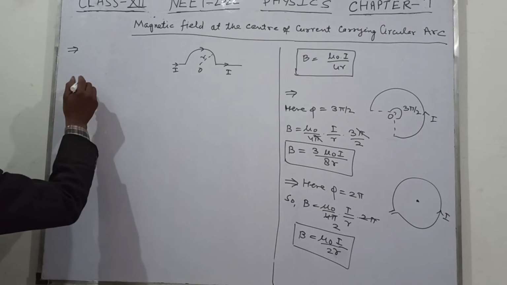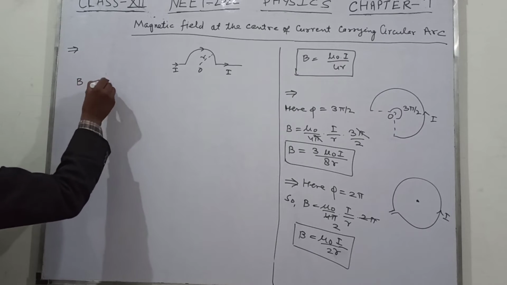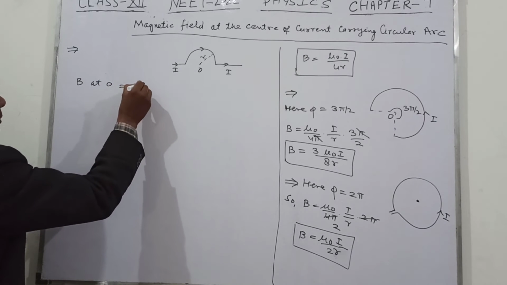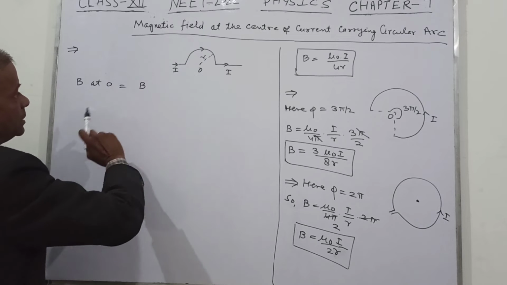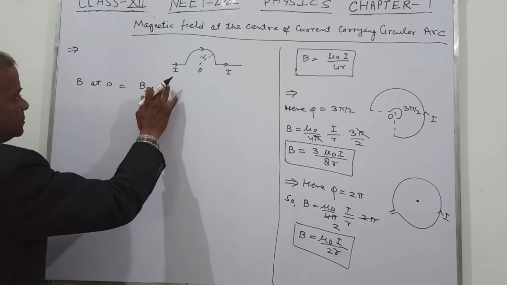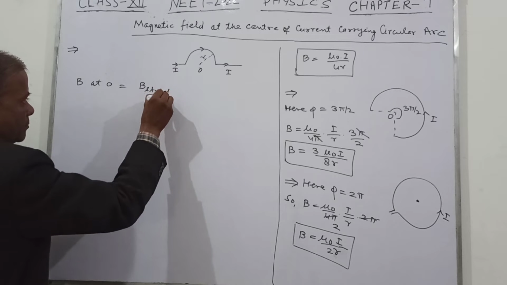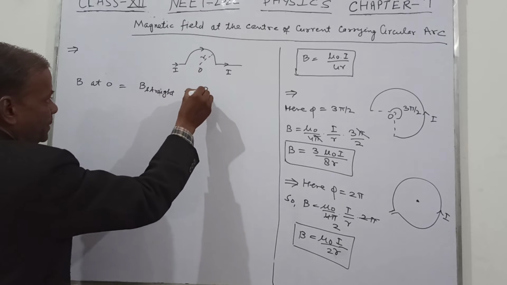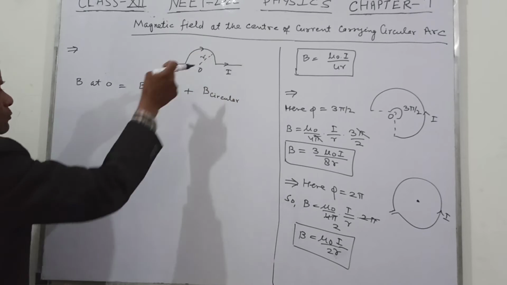So B at O is equal to B because of this straight part plus B due to this circular part.